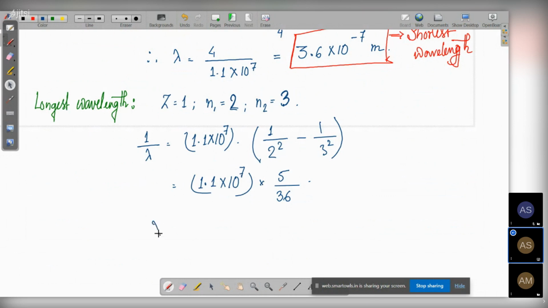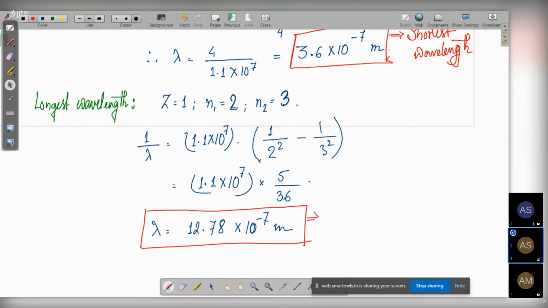So lambda will come at around 12.78 into 10 to the power of minus 7. This is the longest wave.